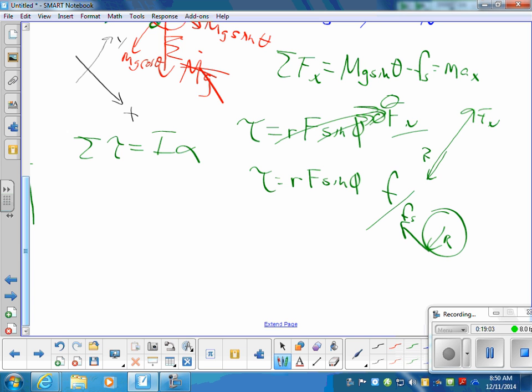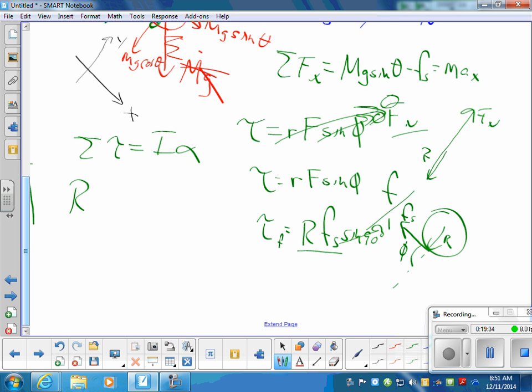So the torque created by the static friction force is r Fs sine phi, and what's phi? 90. So what is sine of 90? One. So of the three torques I have, I only have one, and that is r Fs.